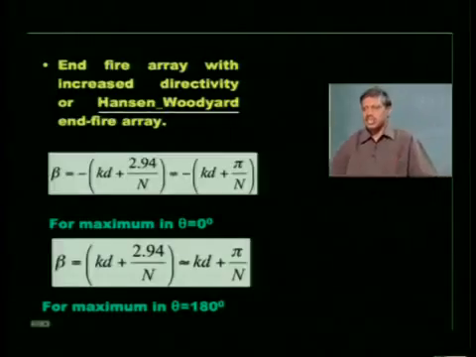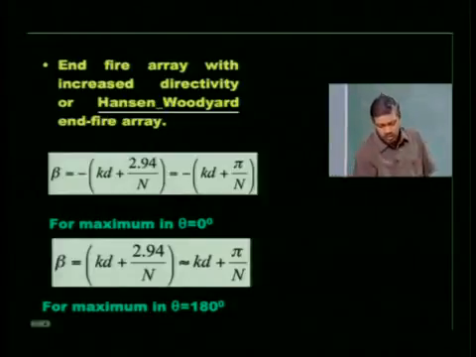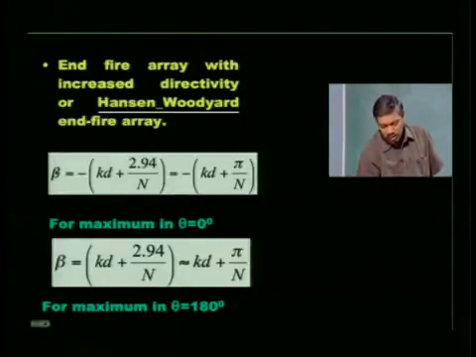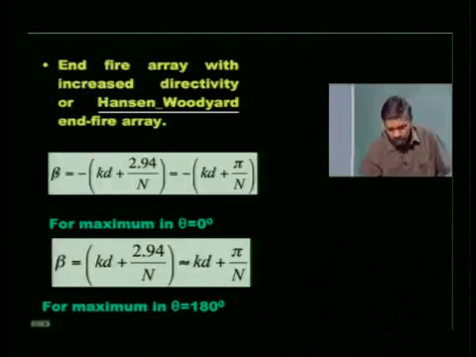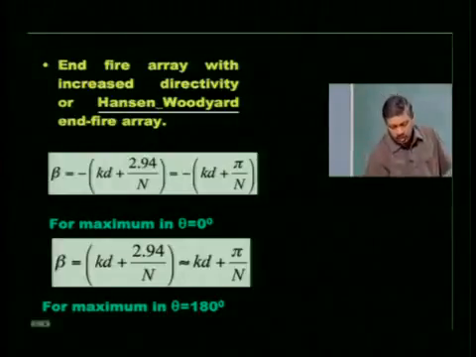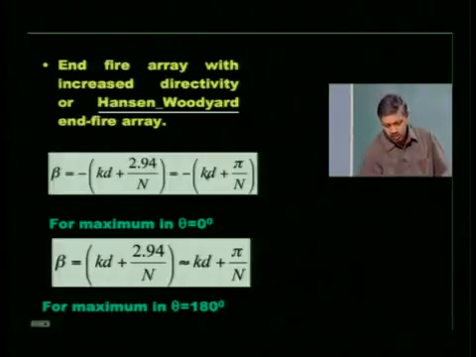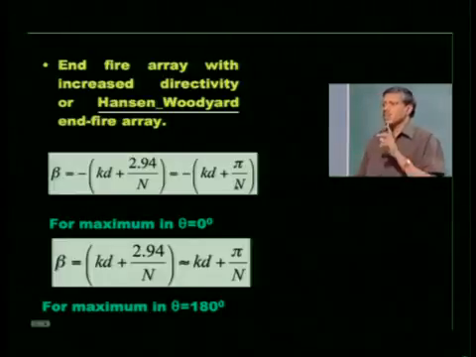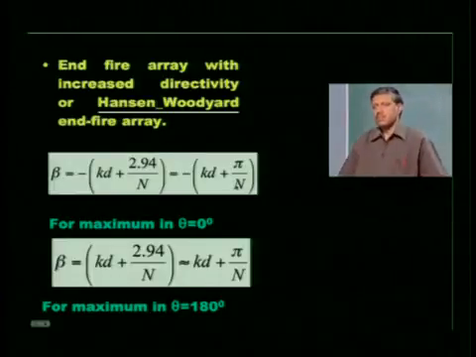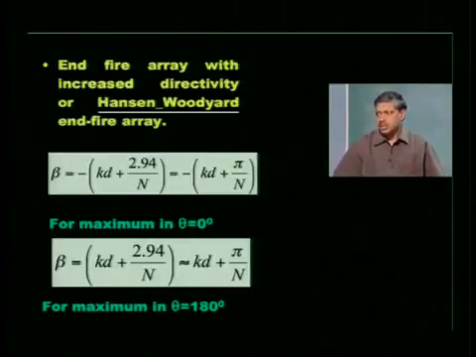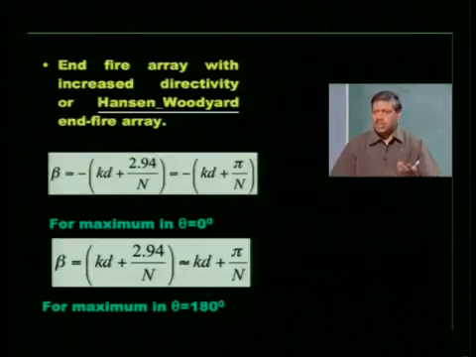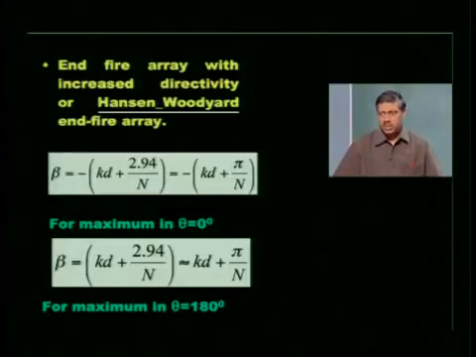So, to increase the directivity of the ordinary end fire array, Hansen-Woodyard suggested another condition. This condition says that instead of taking beta equal to minus kd, take beta as minus kd plus pi by n, where n is the total number of elements present in the array. This was not found out theoretically, it was found out experimentally, and after that the condition was derived.